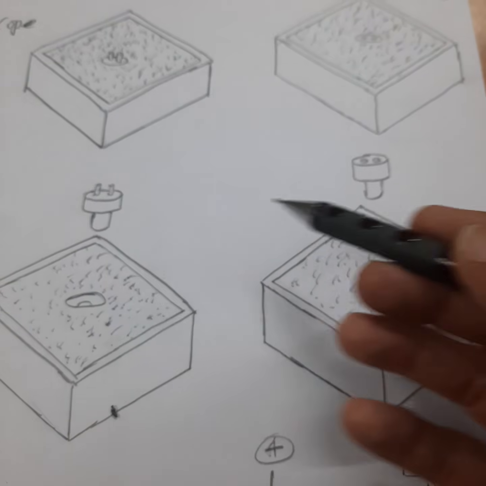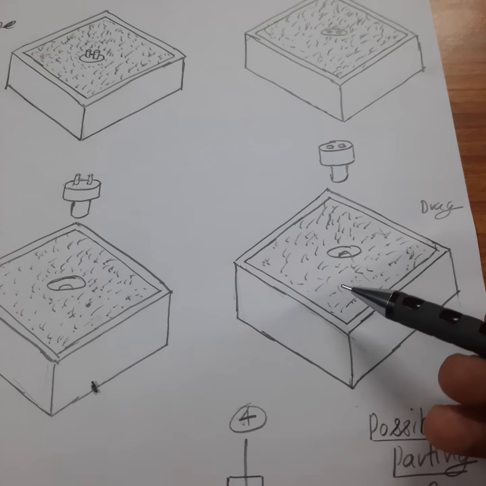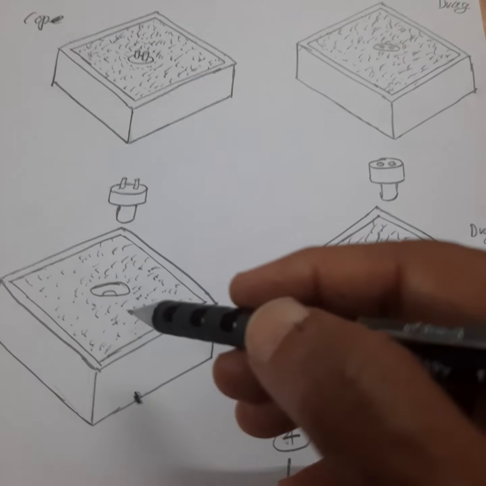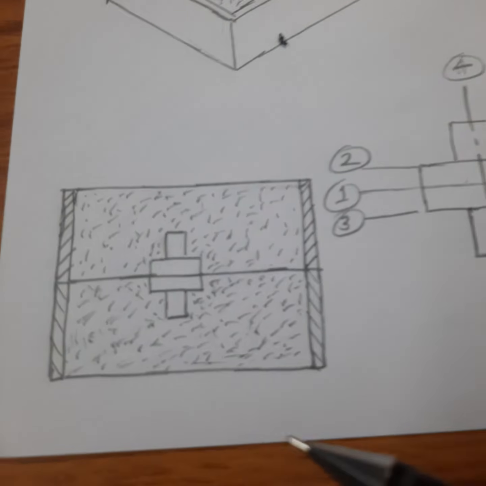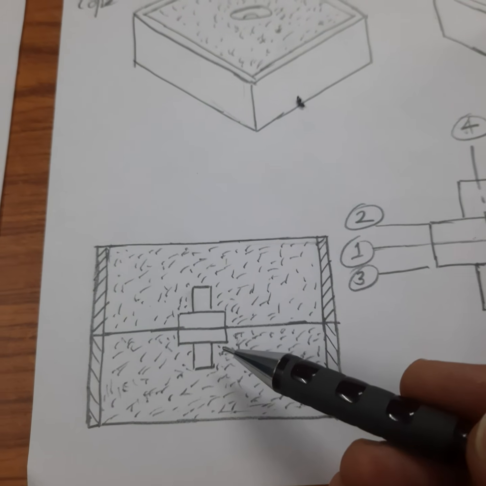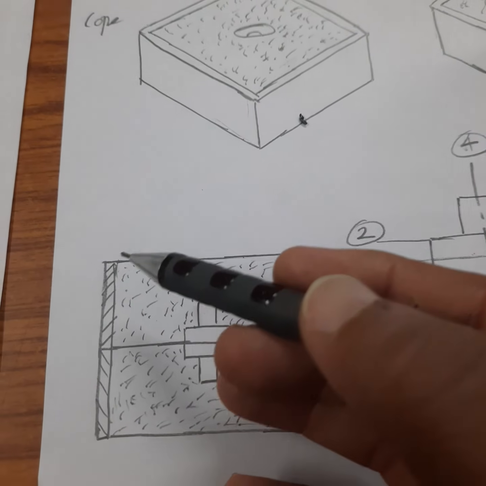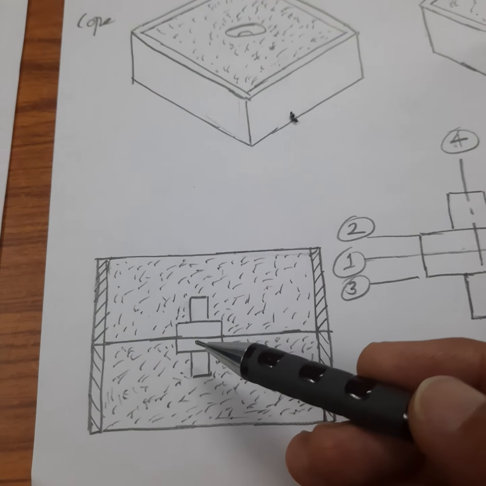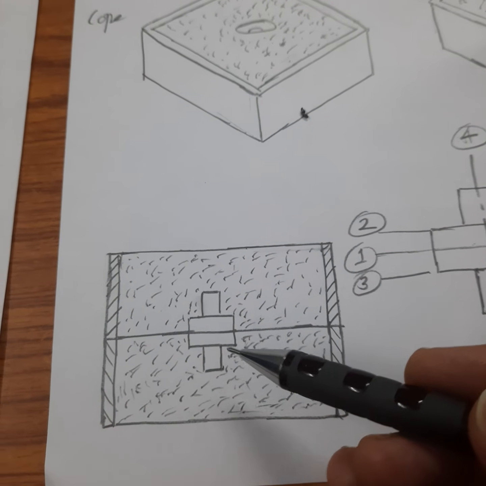After removing the pattern out of the cope and drag boxes, the next step is to assemble them both again. When you assemble them both again, the proper cavity is formed at the center, and of course you have to add the sprue, runner and gate. Those details are not shown here.